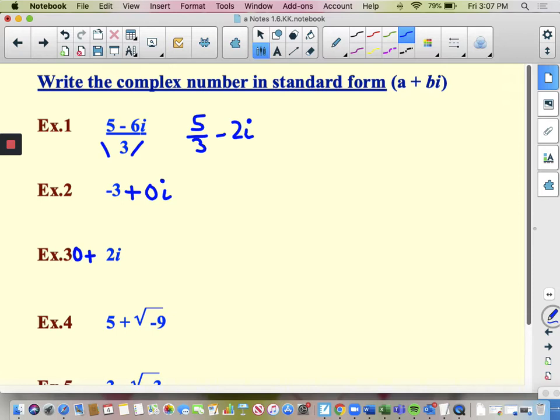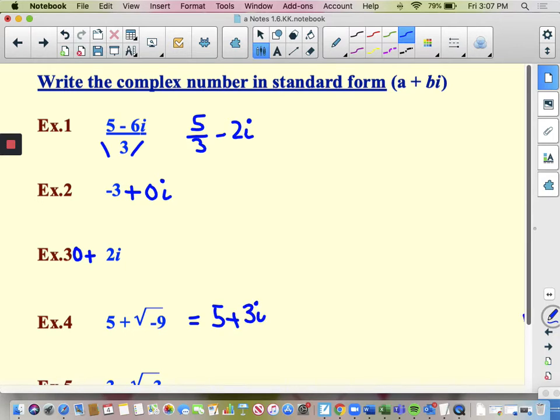It's not a requirement. Okay, what is the square root of -9? Well, if the square root of -1 is 1i, the square root of -9 is 3i. So this you would just simplify to 3i.